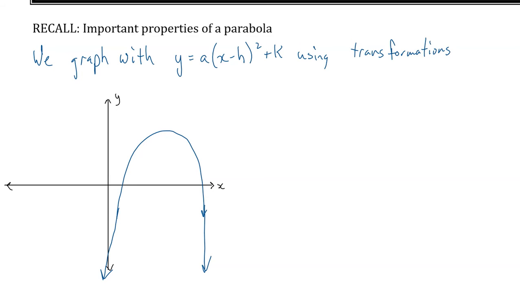Okay, so the properties that we need to look at in order to sketch are the direction of opening, it'll be either up or down. That's something you have to think about. You have to plan for when you're doing this. Okay, we're going to find the x-intercepts, which in this case are here and here.